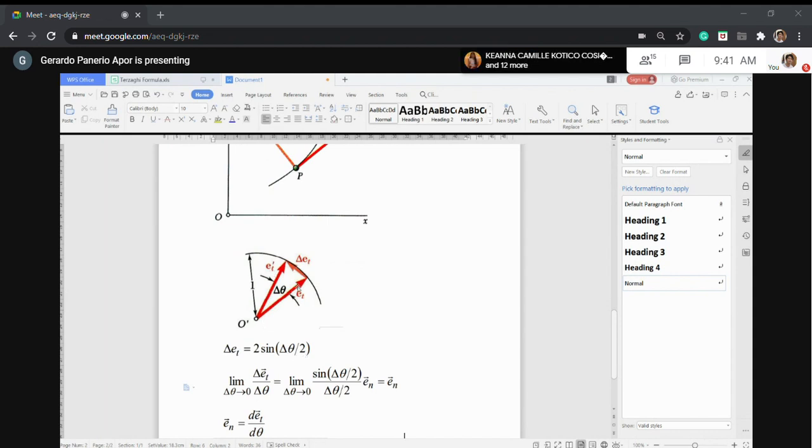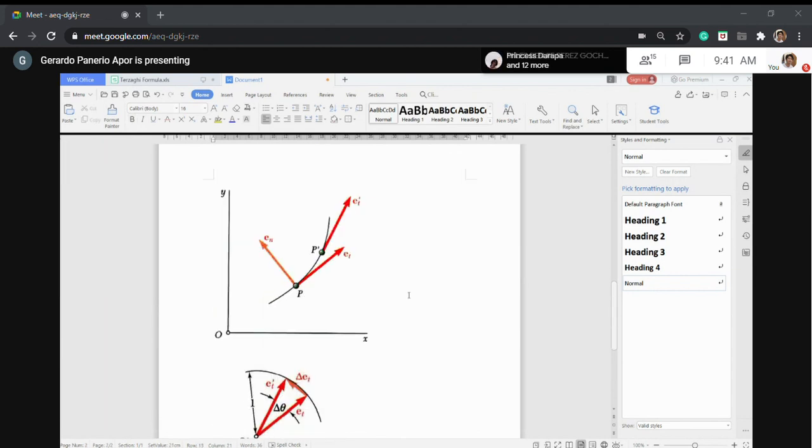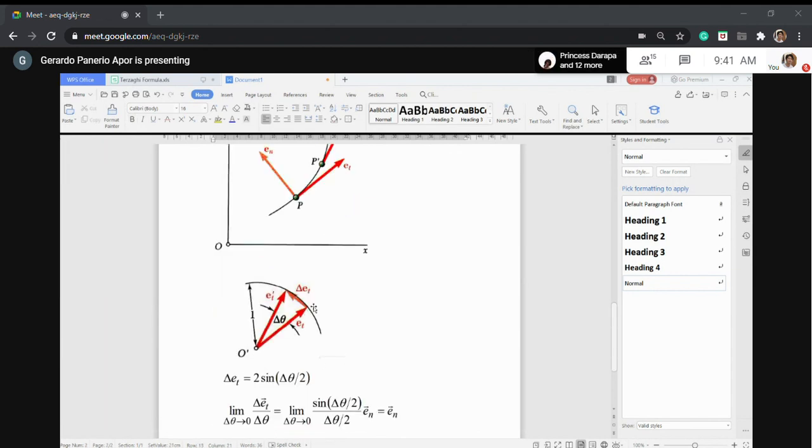The length of e t is 1 because, as I have told you, this is a unit vector. Since it is a unit vector, the length of e t or e t prime is 1. But there's a change of direction, that's why there's a delta theta here. And then the distance from the tip of e t to e t prime is delta e t.